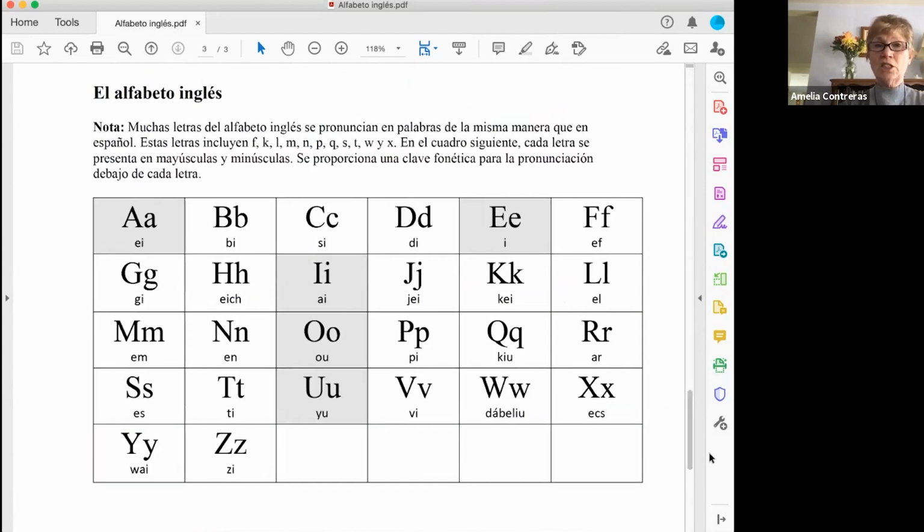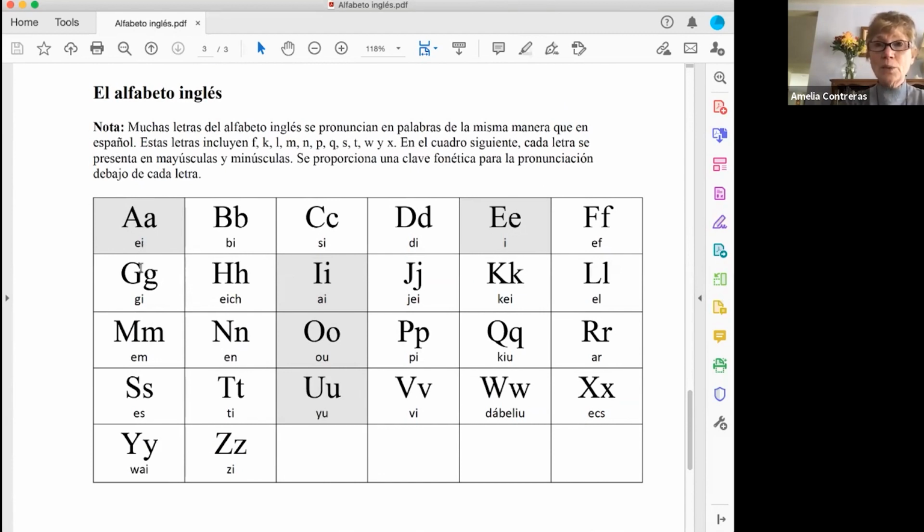Let's start with this chart. Here you have a listing of each of the letters in the English alphabet, provided in upper and lower case, and with a pronunciation key, a key that helps you know how to say the name for the letter.